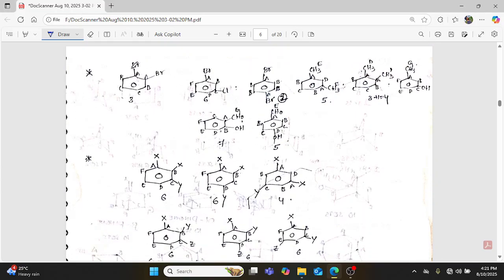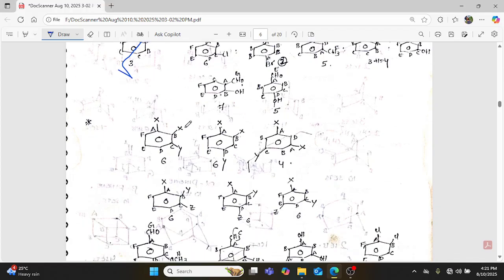Okay, see this? Br, same. Take the plane of symmetry. So these two are the same, these two are the same, these two are the same. So 3. If you take BrCl, all are different, aren't they? No plane of symmetry, so 6. In this way also, similarly, these two are the same, but this one is different. So all are different. These two are the same, this one is different.